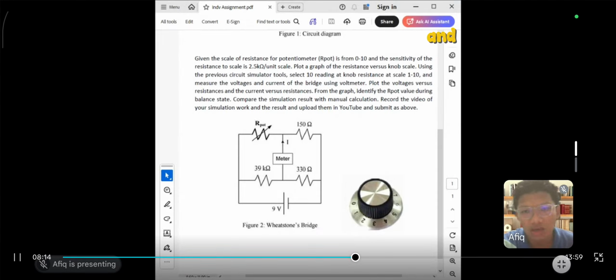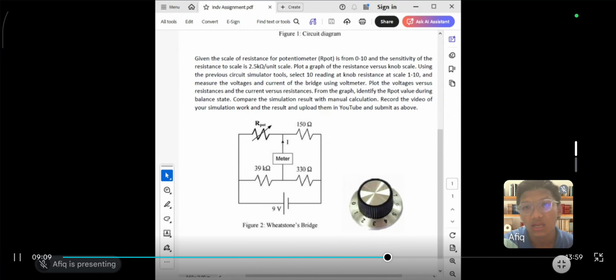Next, to find our target values mathematically, we use the fundamental Wheatstone bridge equilibrium ratio. For a bridge to be perfectly balanced, the cross multiplied resistor arms must satisfy the following relation, which is R port divided by R2 equals R3 divided by R4.